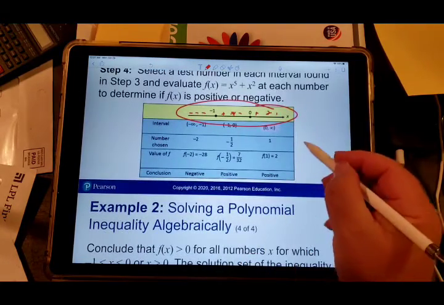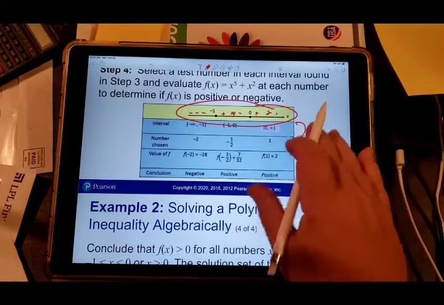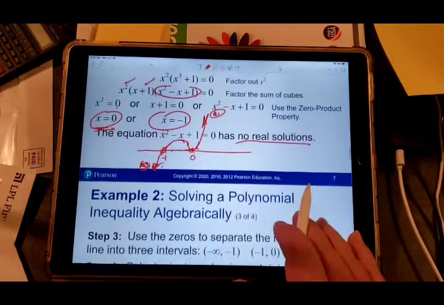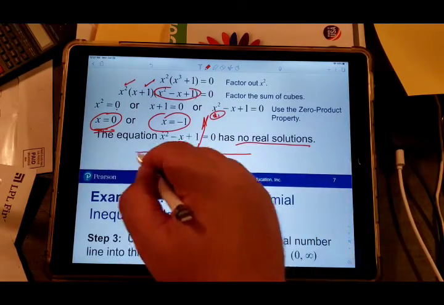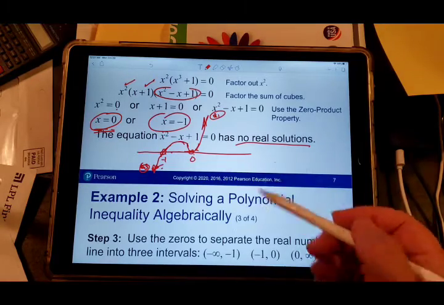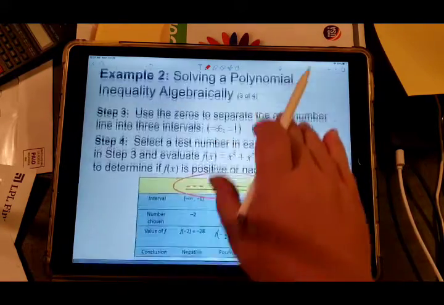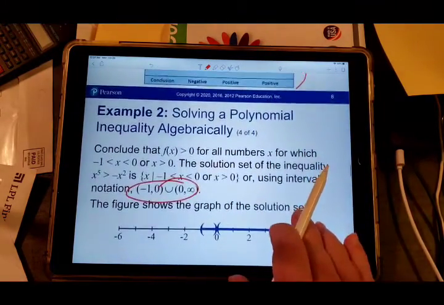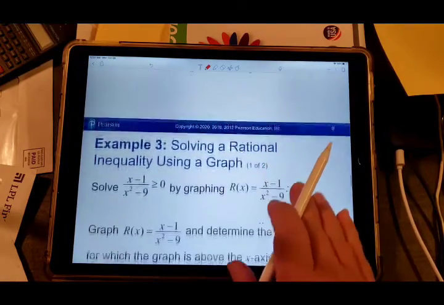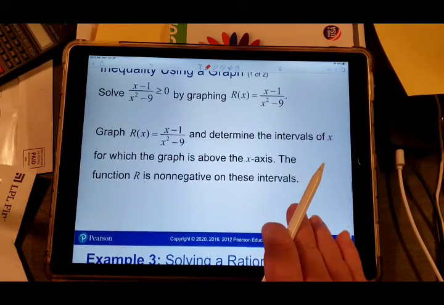The only thing I don't really like is this whole table here. I'm of the mind, if you know when it's 0, draw those points and then do the signs right there on that grid. But you can't argue with what the author has there.